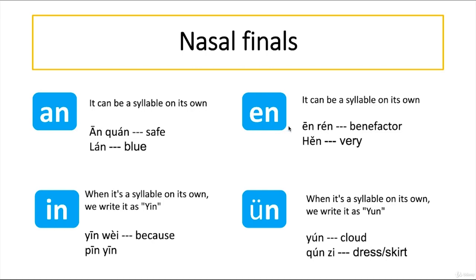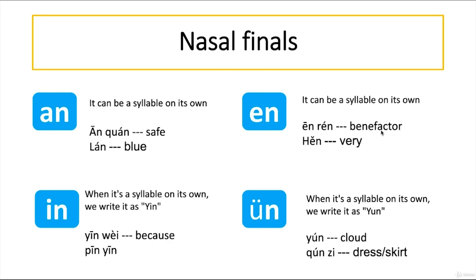Remember the simple finals? This one is i, when we pronounce it with n we put them together as in. It can be a syllable on its own too. For example, 恩人 means benefactor. 很 means very.